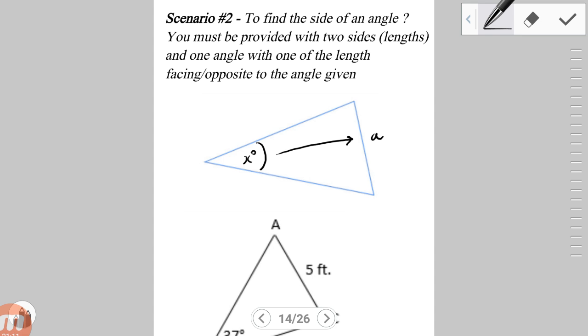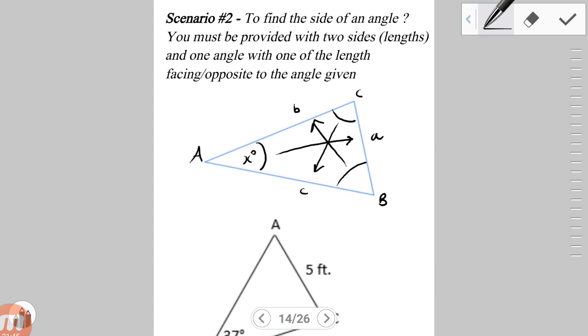Naturally, we must be provided with another length and its supporting angle. So we could be provided with, say for example, this angle and this length here. We could call them B and capital B. Or we could have been provided with the angle here, which we can call C, and the side facing C, which is small c.